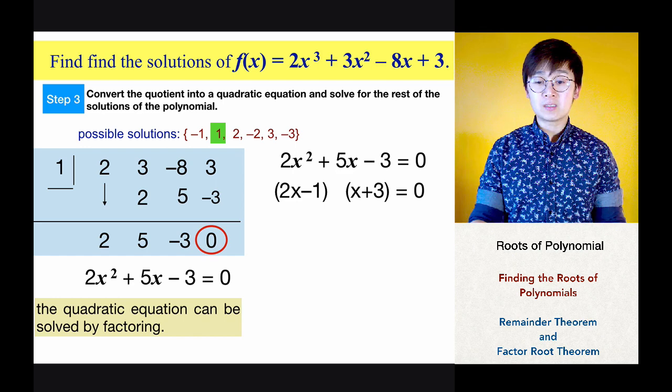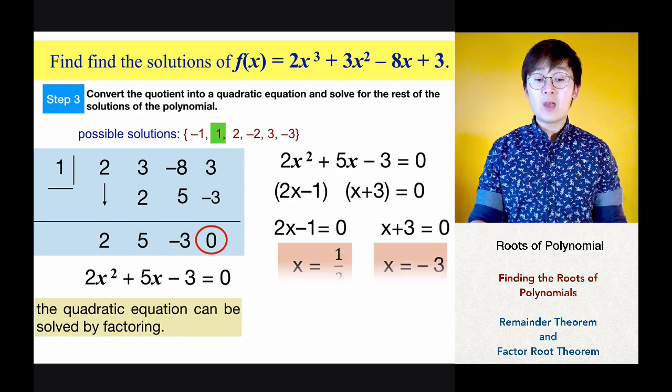Using the zero product property, by equating the factors to 0, we get the two solutions of the quadratic equation: x equal to 1/2 and x equal to -3.